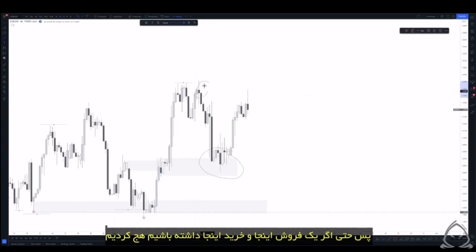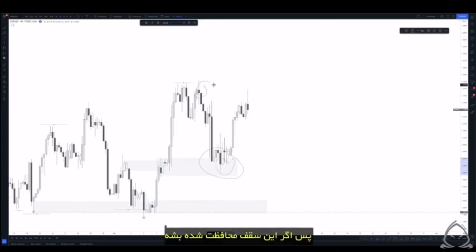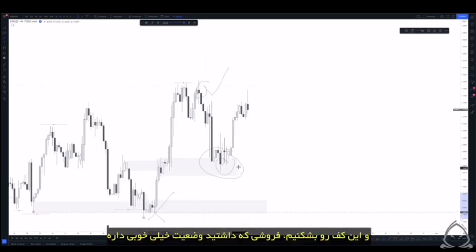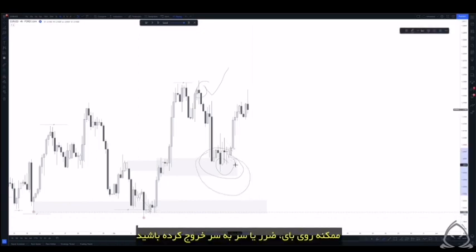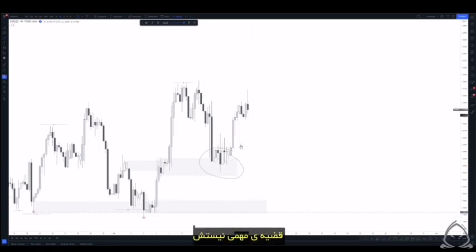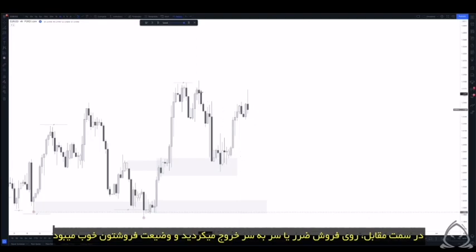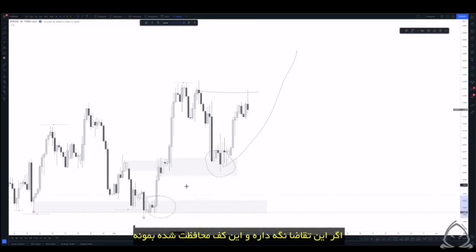So even if we have a sell here and we take a buy here, we've hedged ourselves. So therefore, if this high does become protected and we take out this low, your sell is in really good shape. Yeah, you might take a loss or a break even on the buy. It's not a big deal. On the flip side, you would take a loss or a break even on the sell, and these buys would be good if this demand holds and that this low is to remain protected.